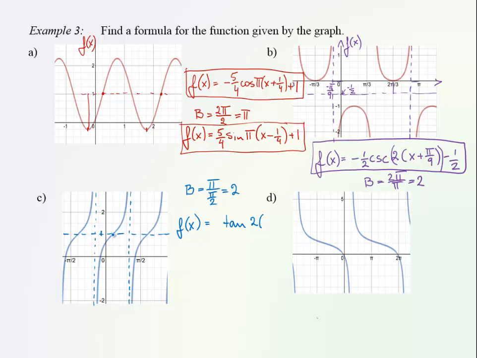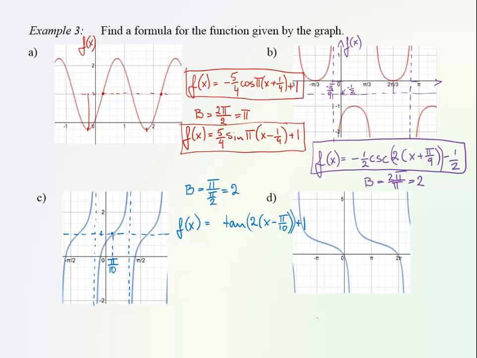Well, the center looks like it's coming through this point. If this is pi half, and there are 5 sections here, this point will be pi tenths, 1/5 of pi half. So we'll have x minus pi tenths, because the phase shift is pi tenths, so it's minus. Okay, that's the input. Now the midline is 1, so it's plus 1 outside for sure.